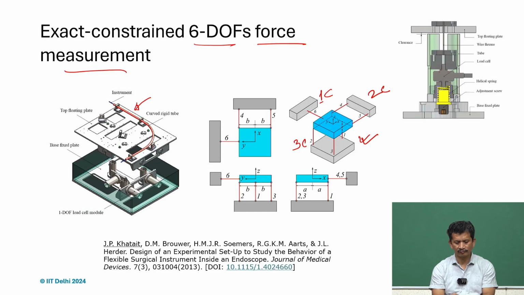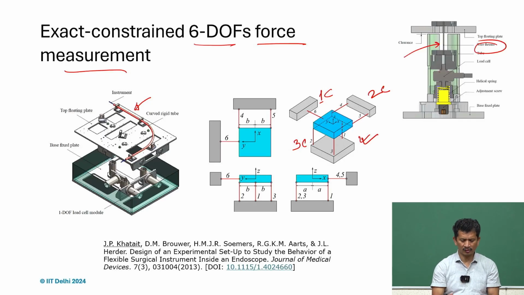So, we can replace the constraint line with an articulated link, and later it can also be replaced with the wire flexures we have here.